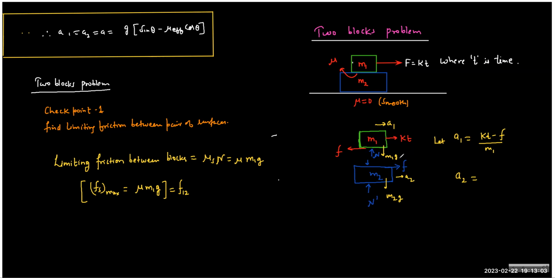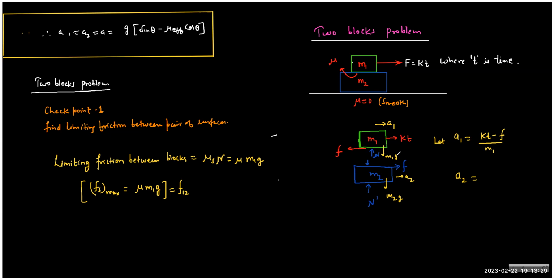Net force equals mass into acceleration. Is it difficult to understand Newton's second law? Like how you write Newton's law of motion for every block, anything. What do you write? Net force equals mass into acceleration, no? Yes, sir. That only.